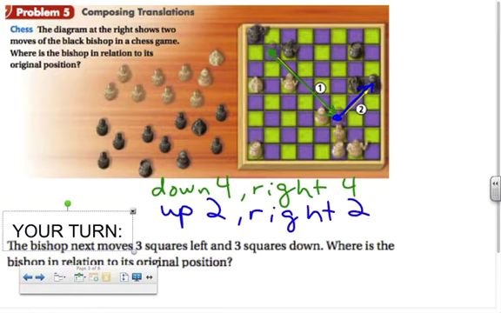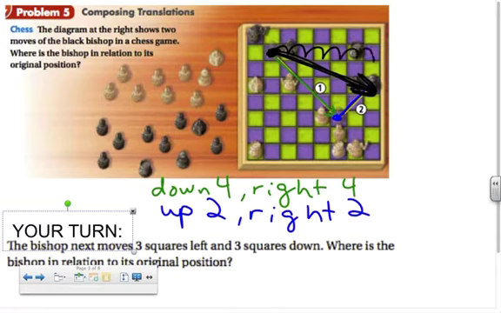So from where he was originally located, if this point, his original location, is 0, 0, and this is where he ended up, I know it's hard to see maybe on that chessboard. What I'd hope that you realize is that he moved right 1, 2, 3, 4, 5, 6 spaces.